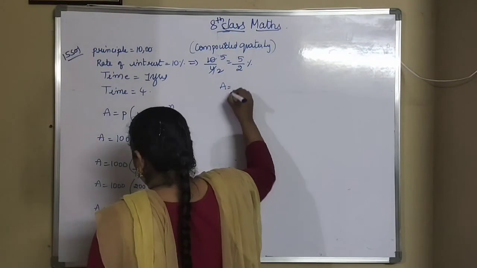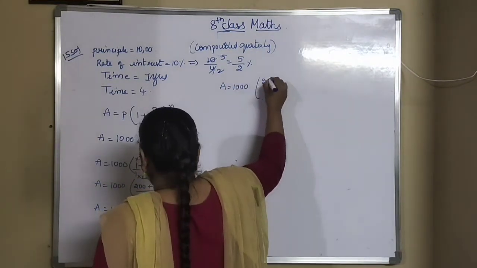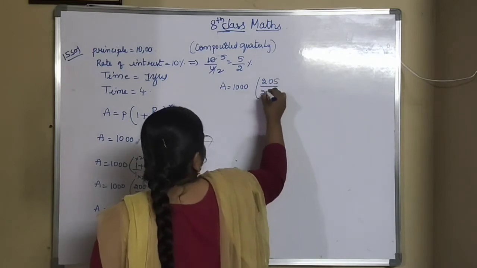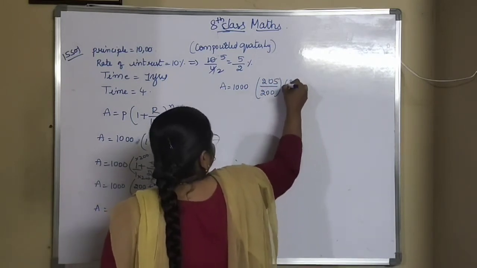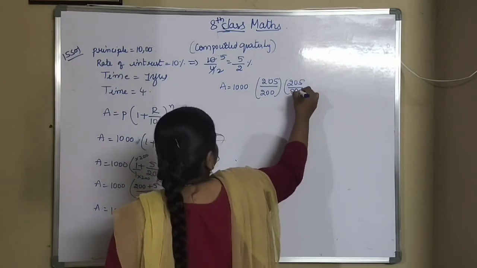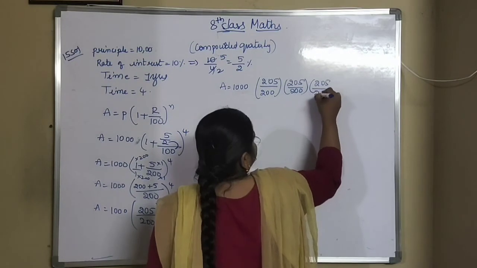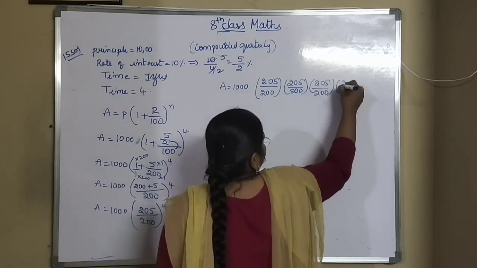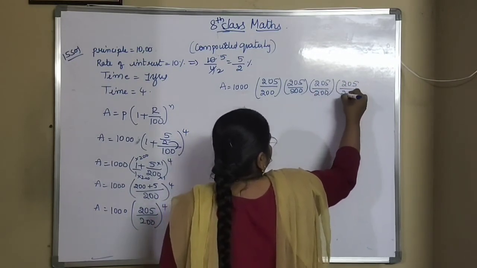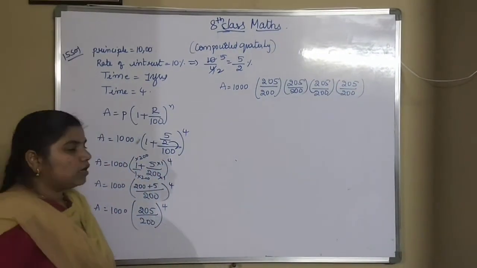So A is equal to 1,000 into 205 by 200 into 205 by 200 into 205 by 200 into 205 by 200. How many times have I multiplied? 4 times, because the power is 4 here.